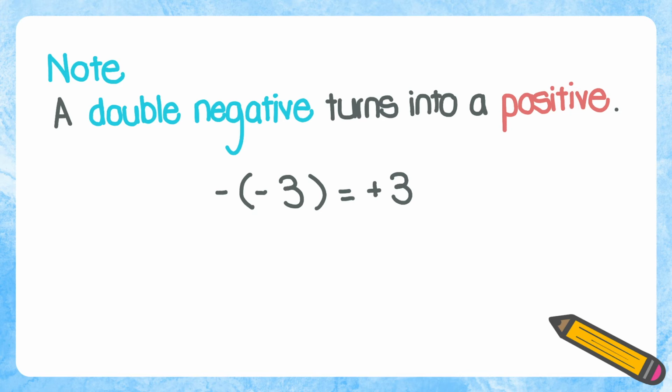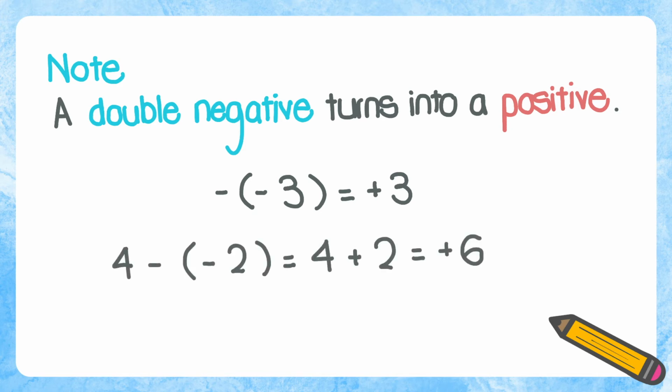And the other way around as well. Positive 3 equals negative -3. So if I had something like 4 minus negative 2, the double negative turns into a positive, 4 plus 2, which equals positive 6. With that in mind, let's move on to the next example.